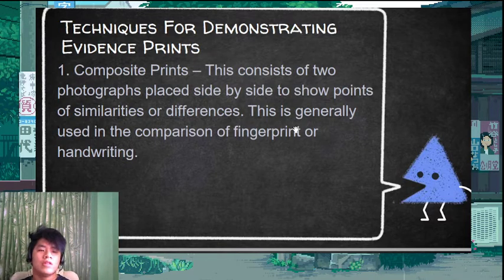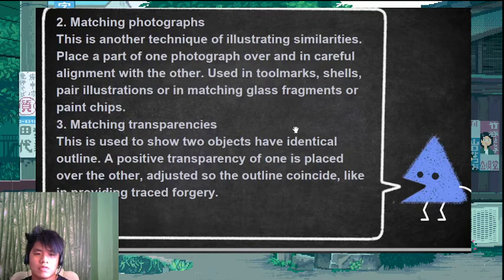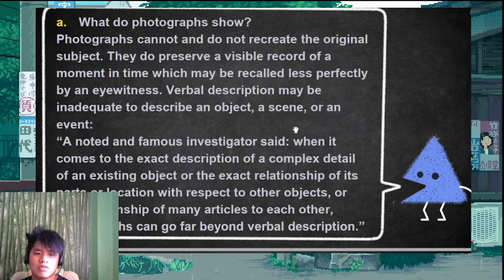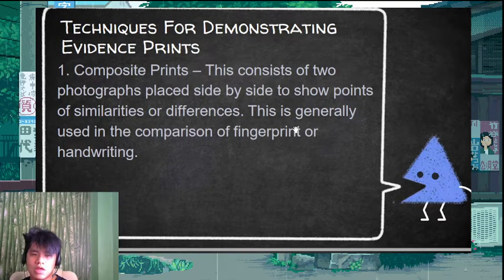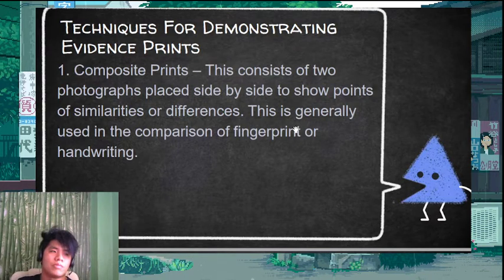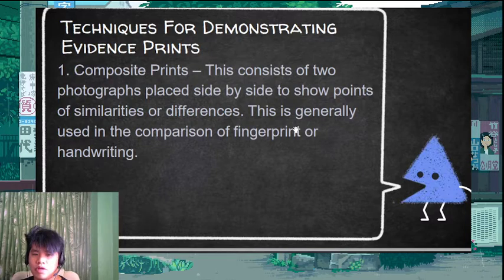So, techniques for demonstrating evidence prints. Kapag composite prints, meron din yung matching photographs and matching transparencies. Composite prints are two photographs placed side by side to show points of similarities or differences, especially pag meron yung test sa ballistics, yung recovered bullet and yung test bullet fired through the same murder weapon.